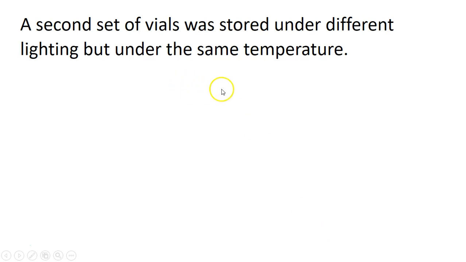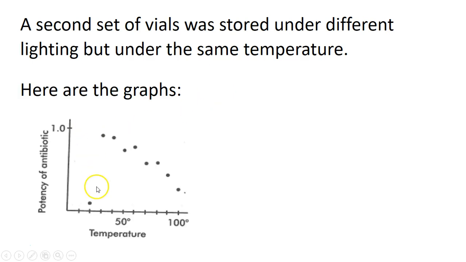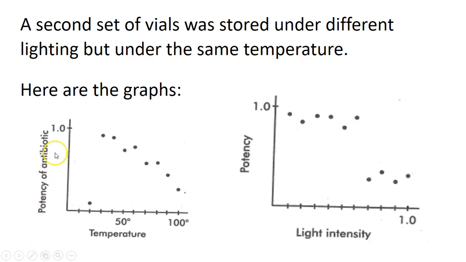A second set of vials was stored under different lighting, but under the same temperature. So here are the graphs. So this is the temperature and the potency of the antibiotics. And then here is the potency versus the light intensity, right?